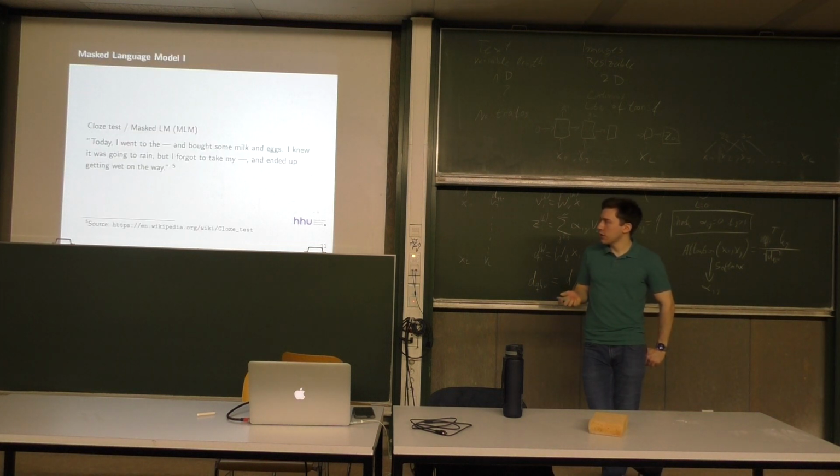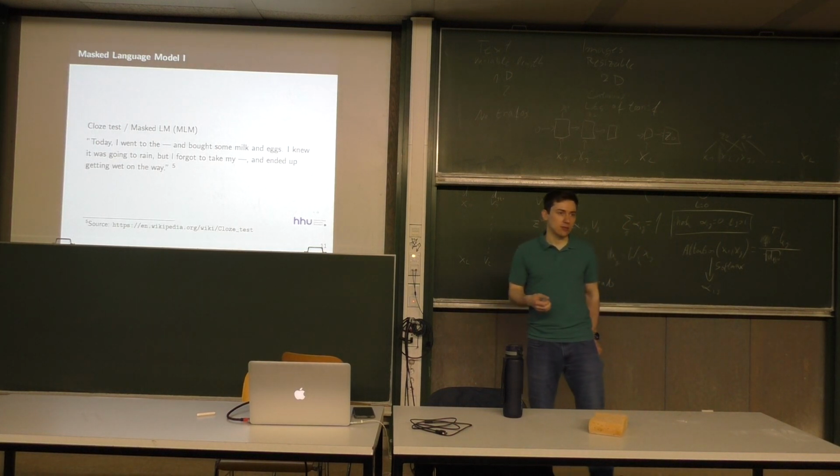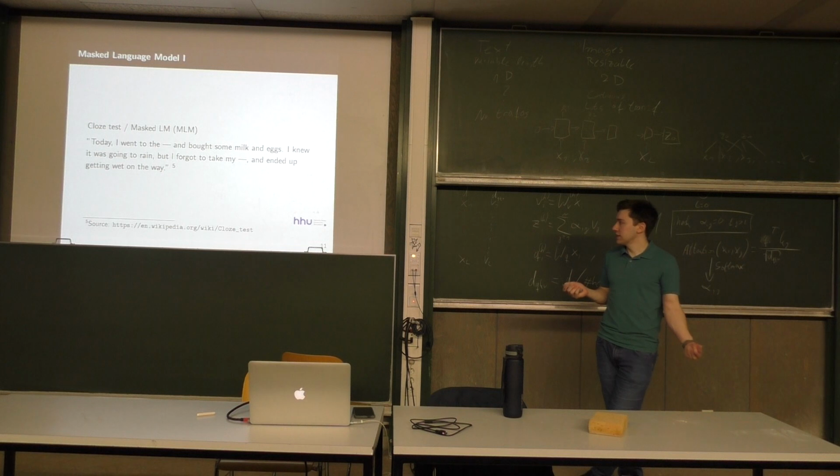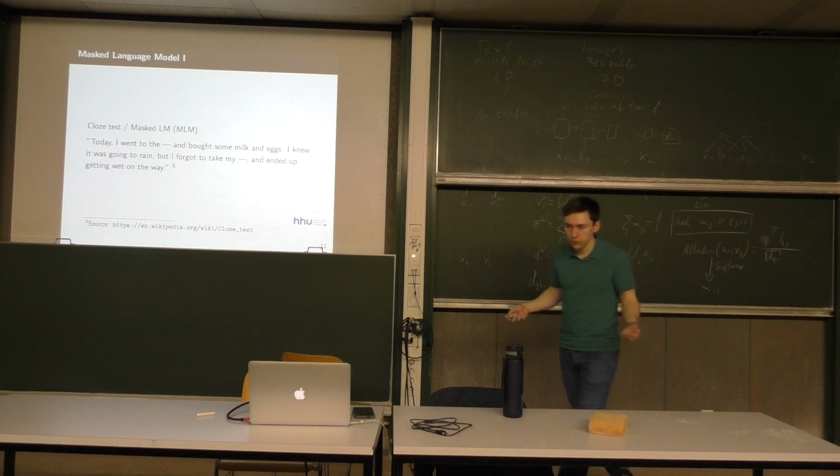And the first one is masked language modeling. We basically just remove some input tokens and then try to predict them. So the idea is, if we can do this accurately, then we somehow understand the language.